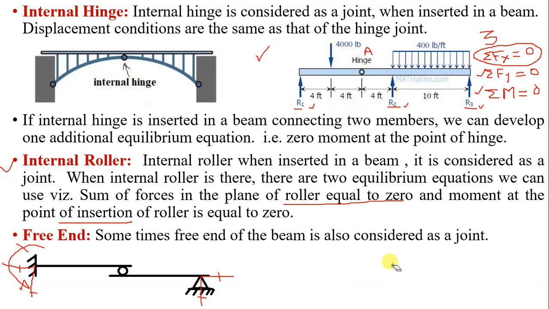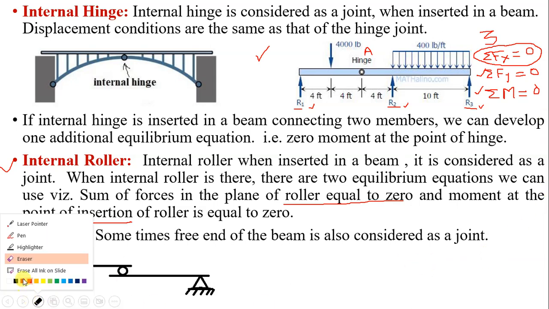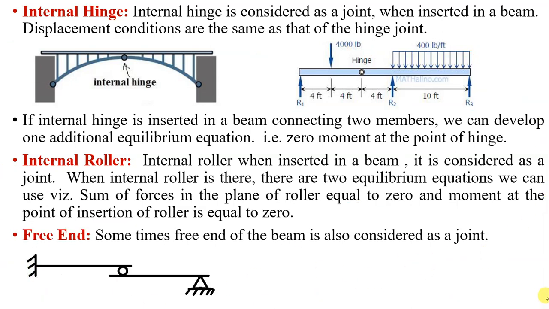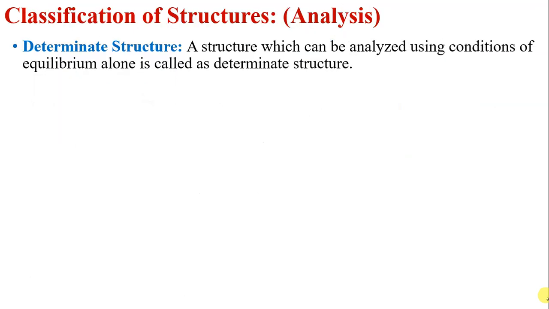Okay. Now let us consider the last joint, that is the free end. Now sometimes the free end is also considered as a joint in structural analysis. So this is about the types of joints.